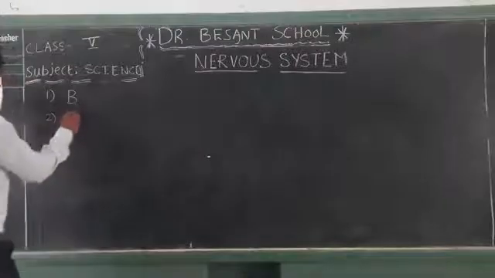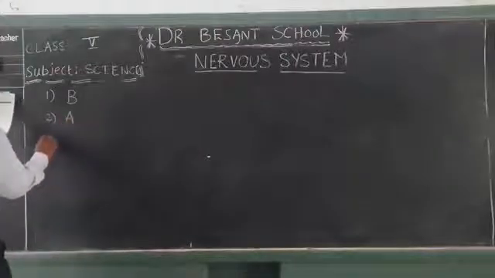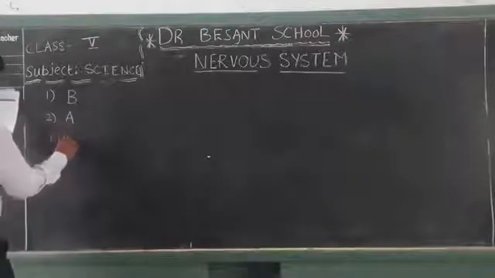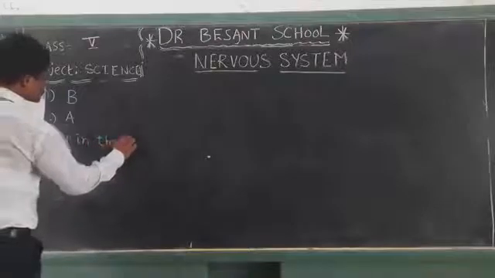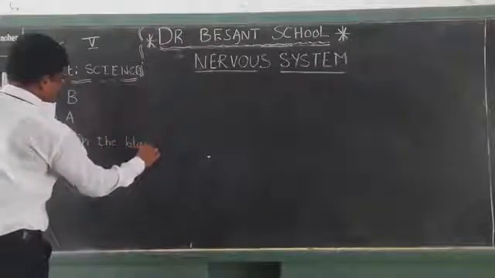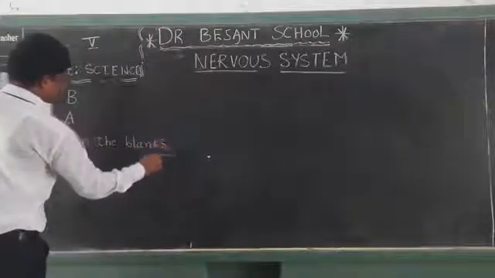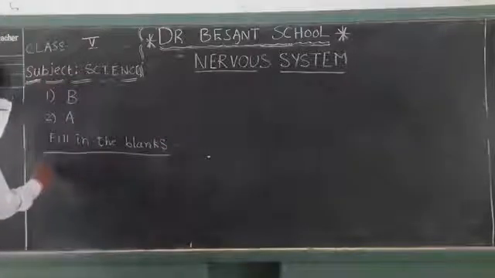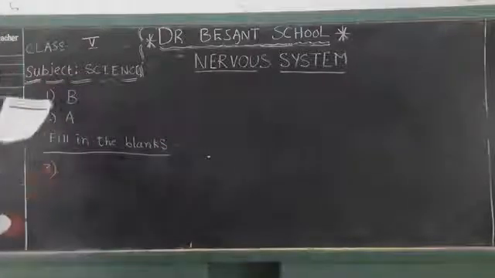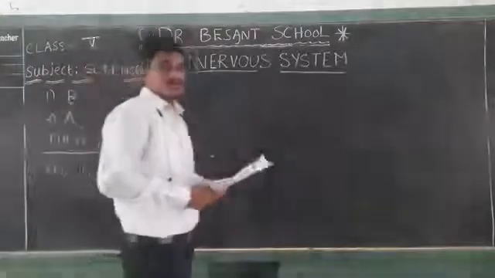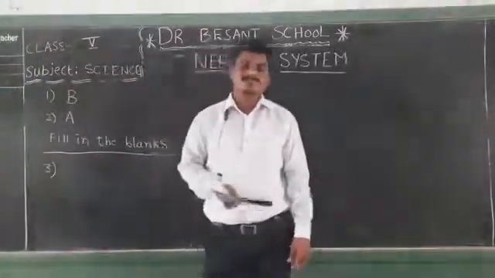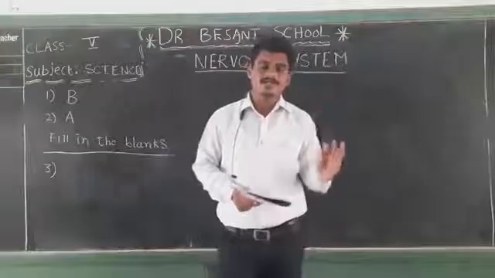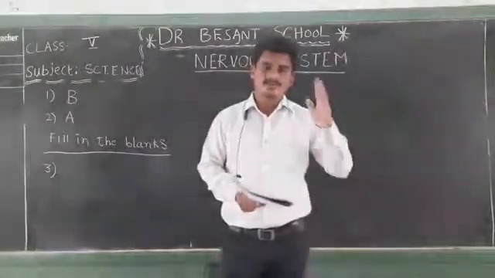Option A, nervous system. Now, fill in the blanks. Another, third one. Dash, or thread-like structures that form the part of nervous system. You know what are the parts that are present in the nervous system?